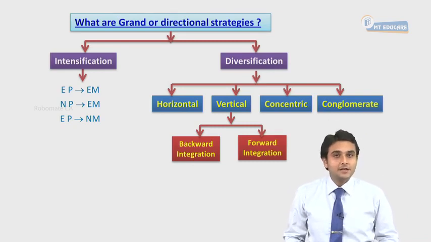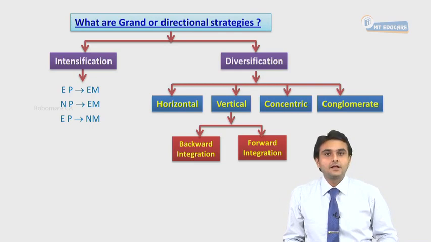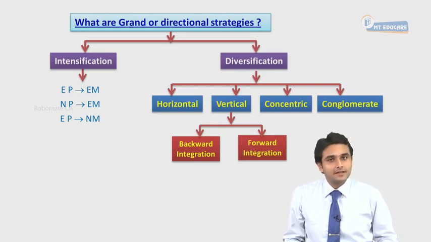Retrenchment strategy is something that we're going to discuss in just some time to come, and a combination strategy will be a combination of either of the two or three.